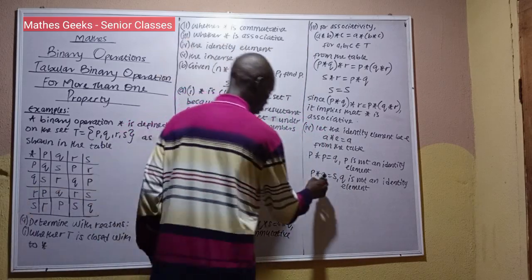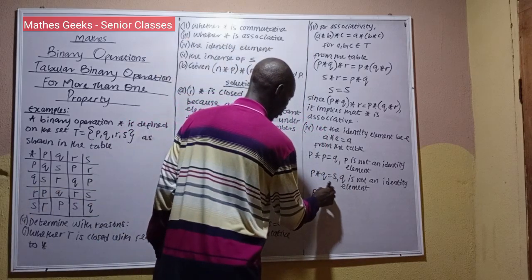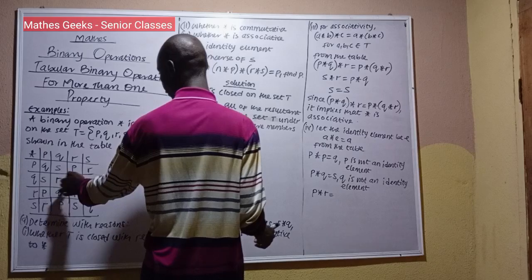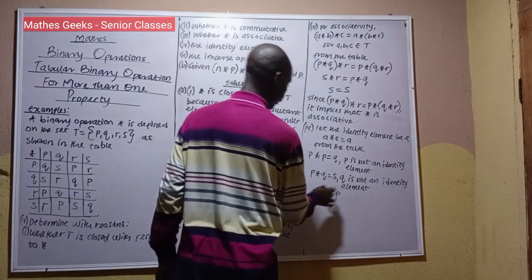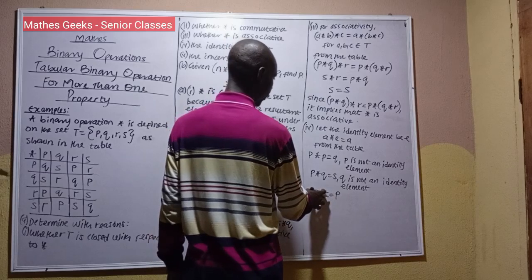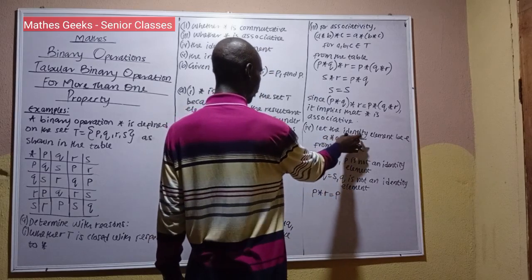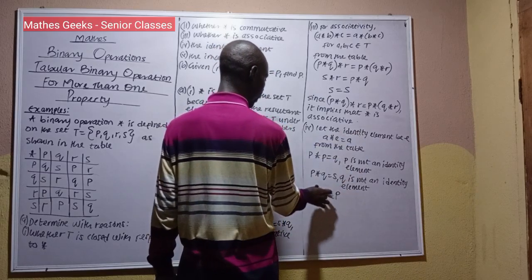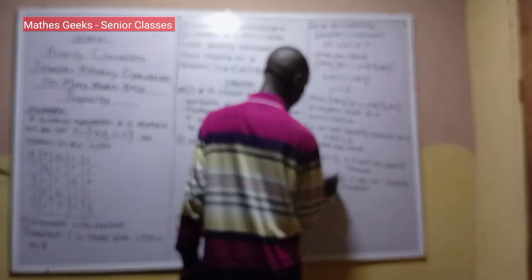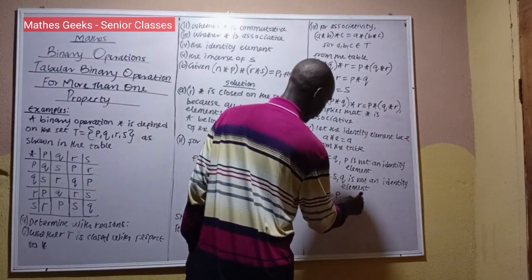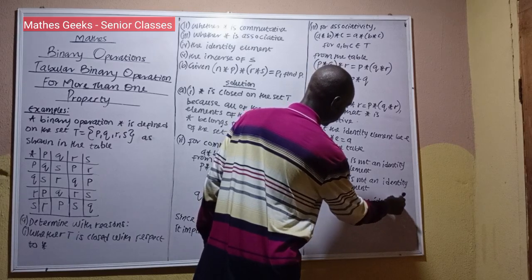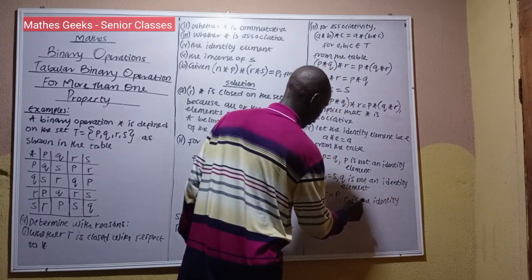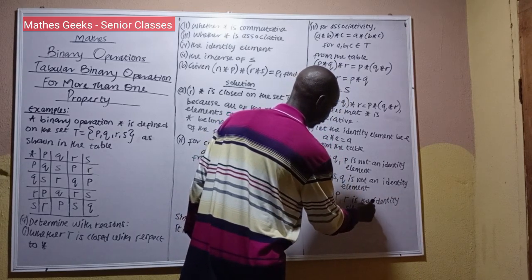Next is P star R. P star R is equal to P. So R is an identity element because from our definition A star E is equal to E. Compare A star E with P star R equals P. R is E. So we say R is the identity element.